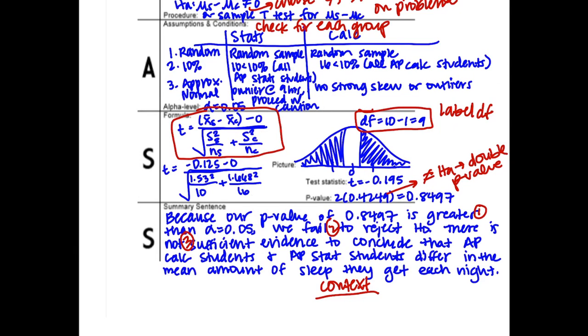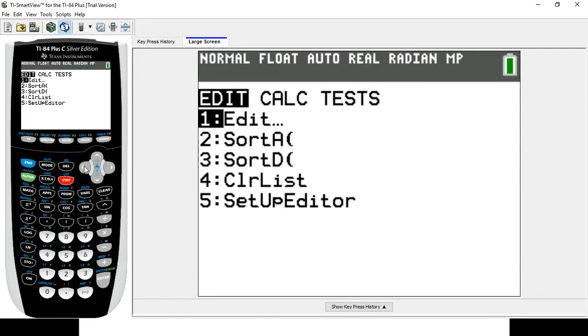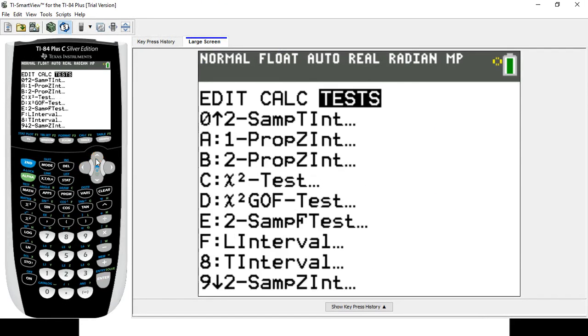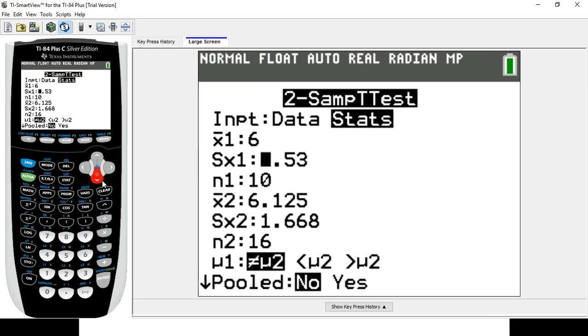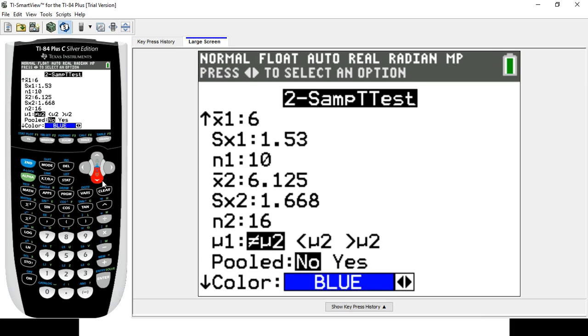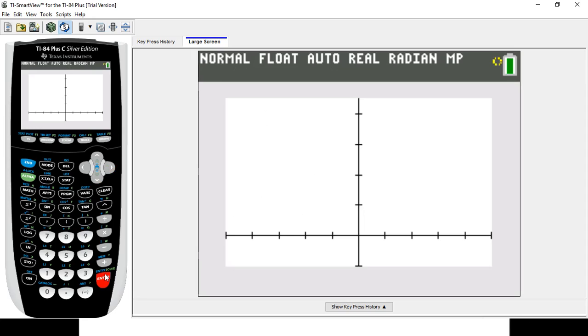And then, I'll show you one more thing. I don't know if you guys noticed this, but when you go to stat tests, I think it was number 4, so let's click 4. Everything's still in there, thank goodness. And I can click draw. The reason you could do that is it helps you draw the t distribution curve for the problem.